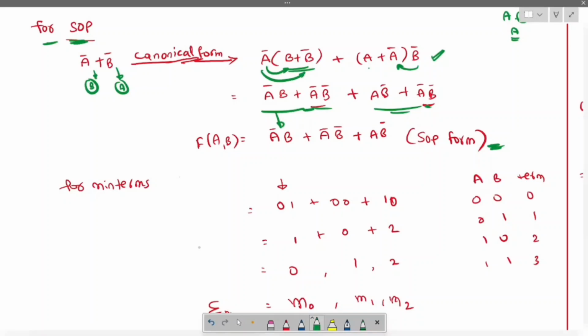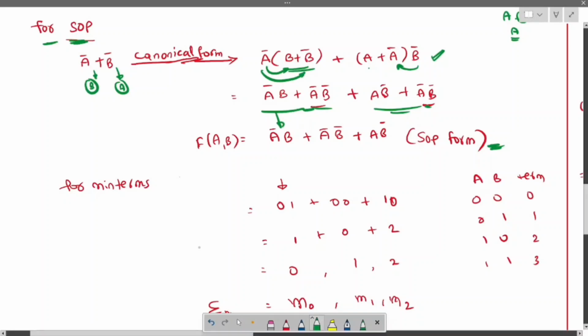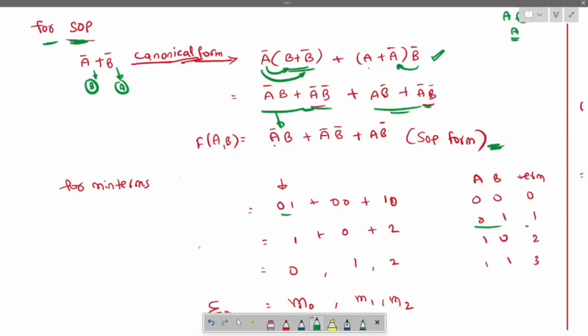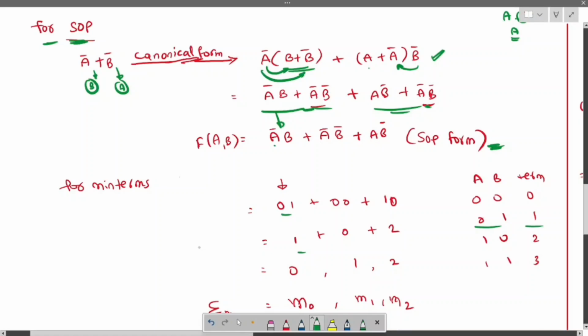For minterms, try to write it in the form of 0s and 1s. Now a bar is 0 and b is 1, so a bar b bar is 0 0, a b bar means 1 0, and a bar b is 0 1. In the truth table, 0 1 is row 1, which we can write as small m1 plus m0 plus small m2.